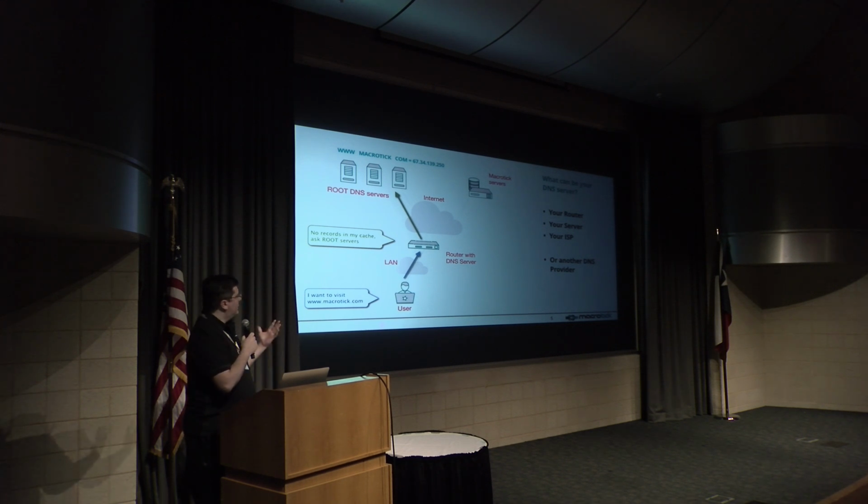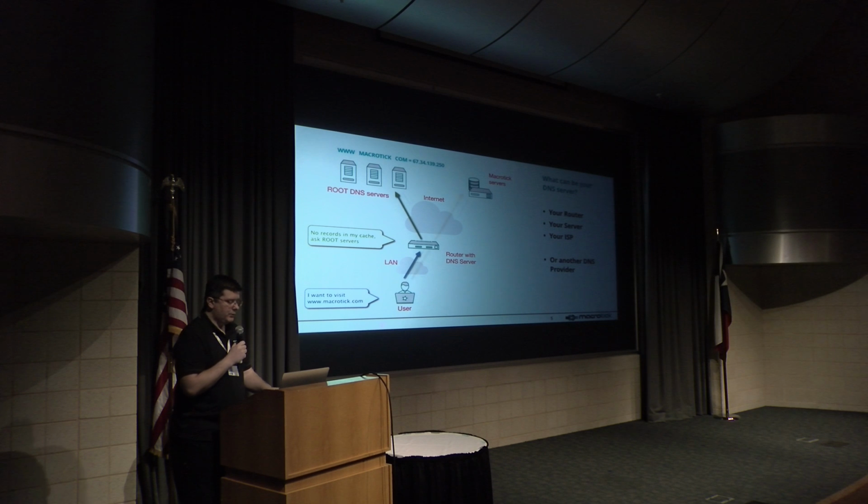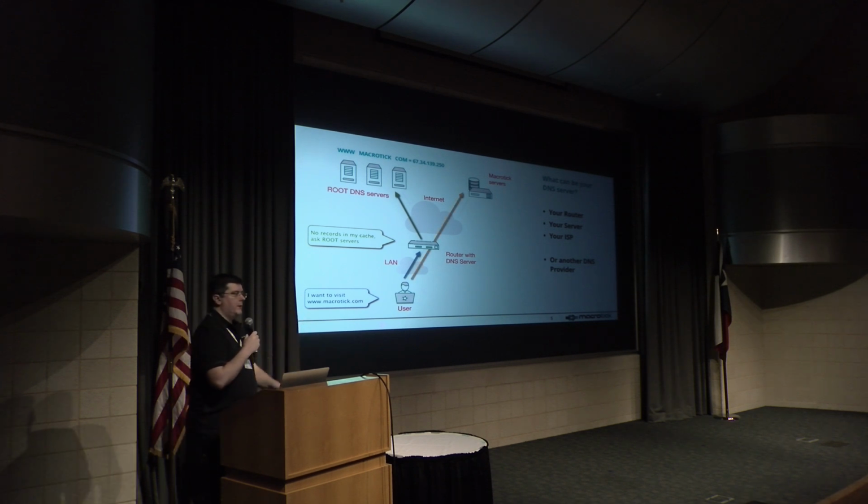And then that response gets sent back to the browser, which then will contact the web server using the IP address. So that's the very basic fundamentals of how DNS works.